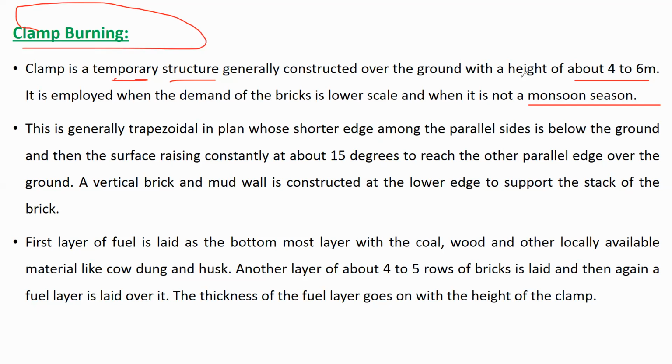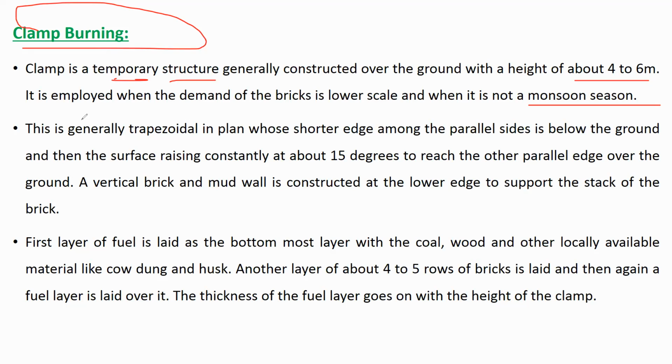A first layer of fuel is laid as the bottommost layer with coal, wood, and other locally available material like cow dung and husk. Another layer of about 4 to 5 rows of bricks is laid, and then again a fuel layer is laid over it. The thickness of the fuel layer goes on with the height of the clamp.